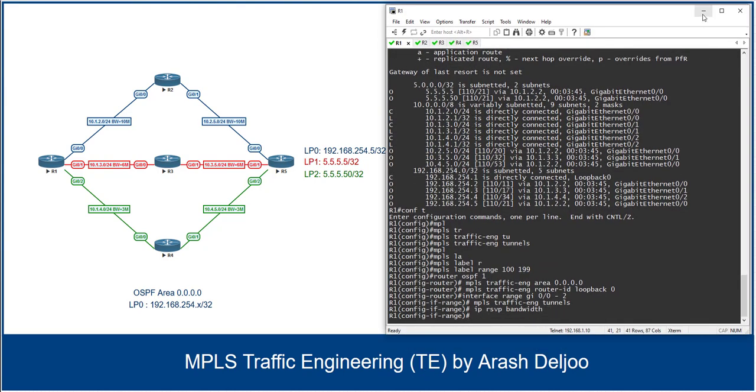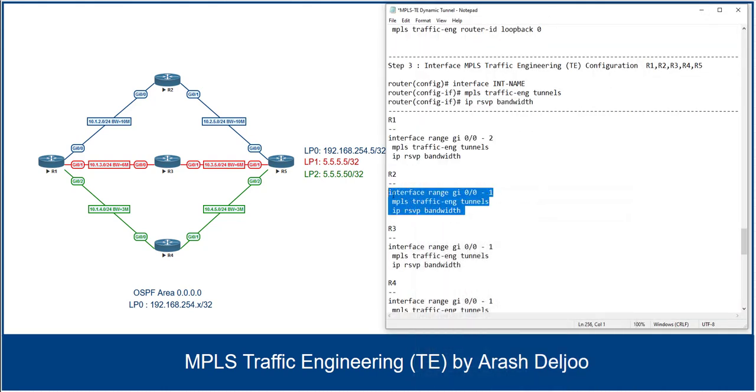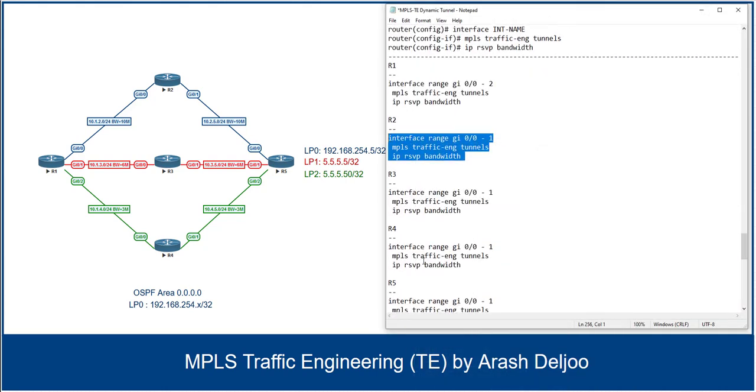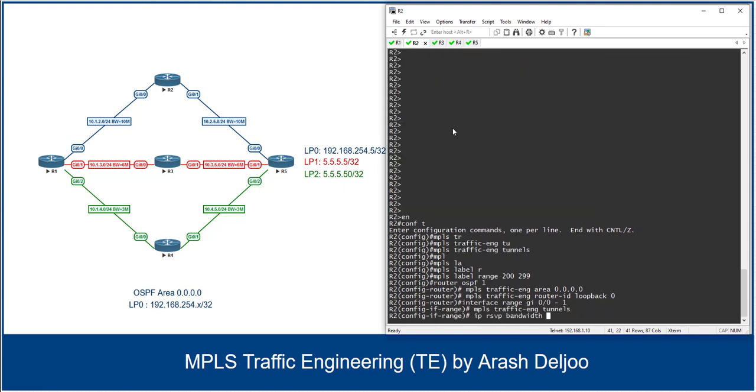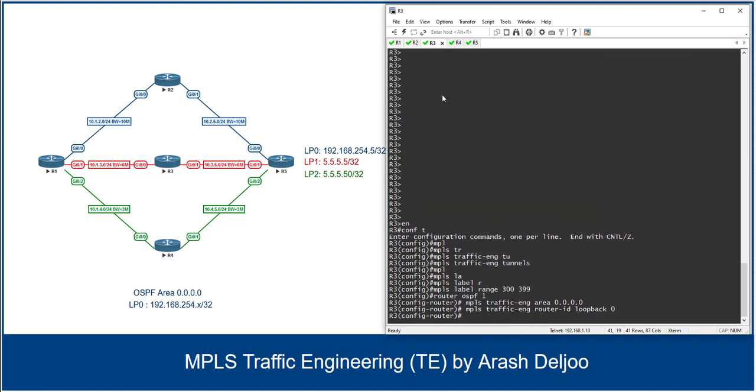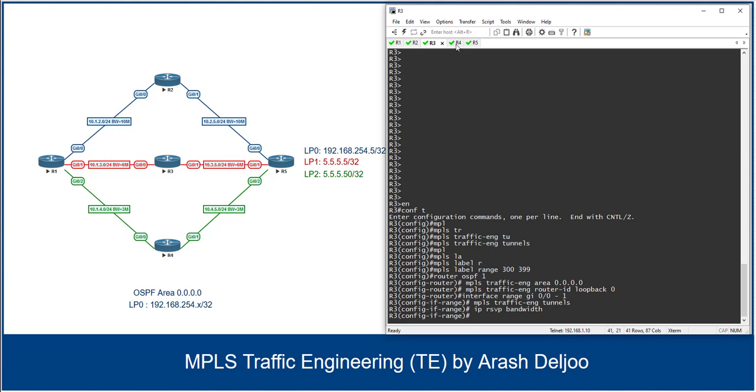That's it. In routers 2, 3 and 4, these three routers, we only need to copy these commands: mpls traffic-eng tunnels and ip rsvp bandwidth on GigabitEthernet 0/0 and GigabitEthernet 0/1. Let me show you. This is R2's configuration, then R3's, and then R4's.